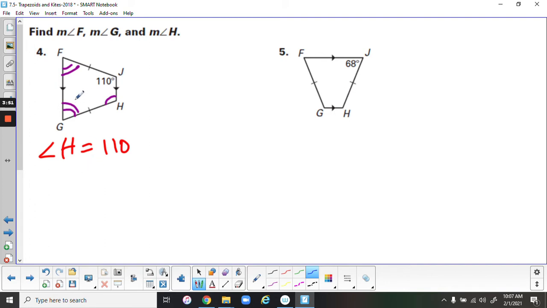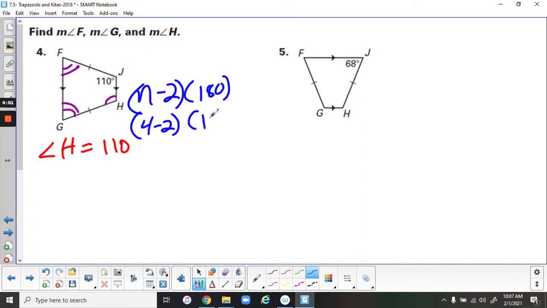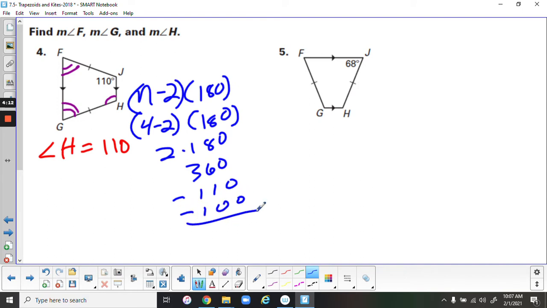So let's see, how much does the whole thing equal? What degree? That's our n minus 2 times 180. So that'd be 4 minus 2, so that's 2 times 180, so that's 360. So we have a total of 360. I need to subtract 110 twice. Whoops, I wrote 100 the second time.